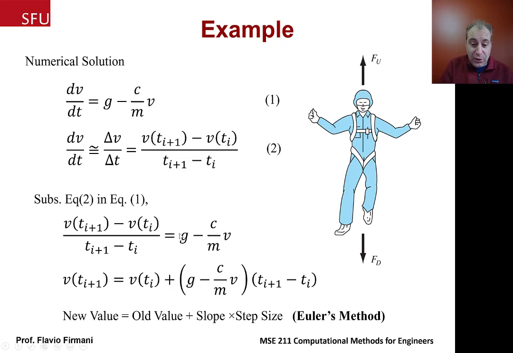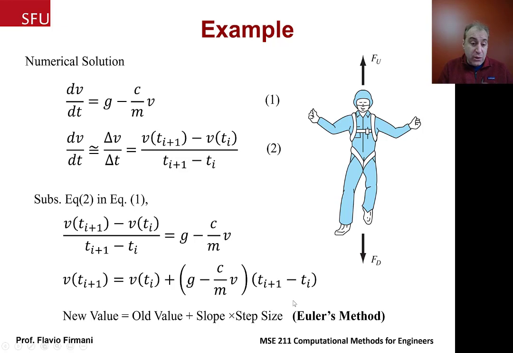Graphically, it represents the slope, times delta t, or the step time that we're going to have during our numerical evaluation. So we had the old value plus the slope times the step size, which is delta t. And for those who took MSc 380 with me, perhaps you remember that this is Euler's method.